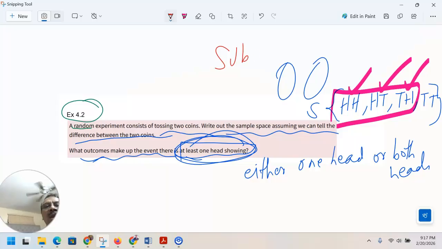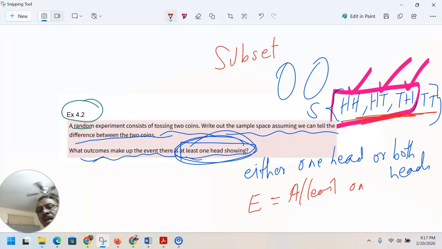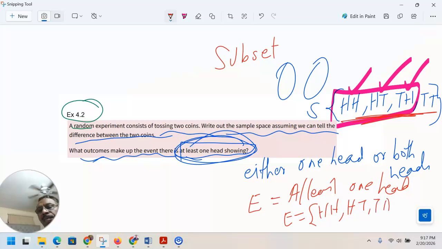So the vocabulary word is subset. That means out of these four, you have an event which says at least one head. So your answers are head head, head tail, and tail head.